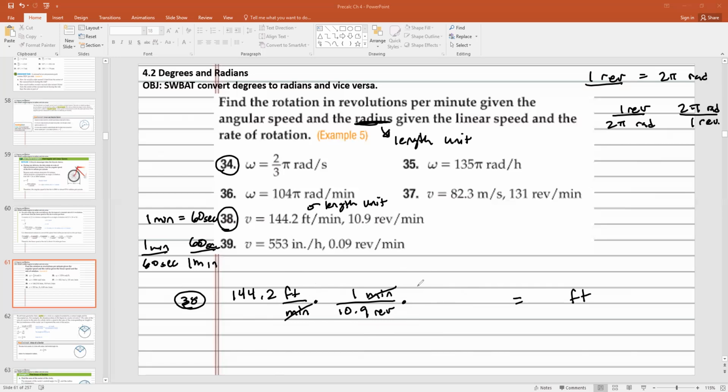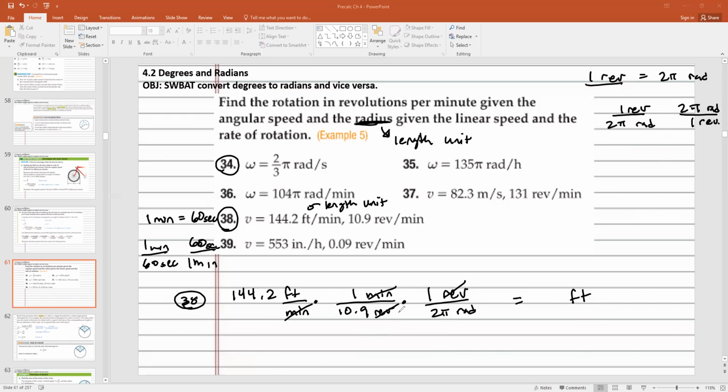Now, we don't want that, but we can change revolutions to radians. And radians is like a negated unit. So what do we know about revolutions and radians? 1 revolution is the same as 2 pi radians. So this is actually feet over radians, but the radians doesn't matter.